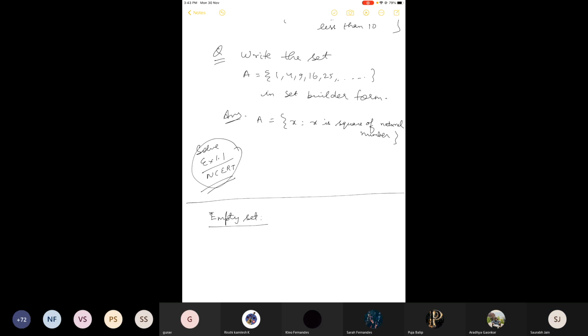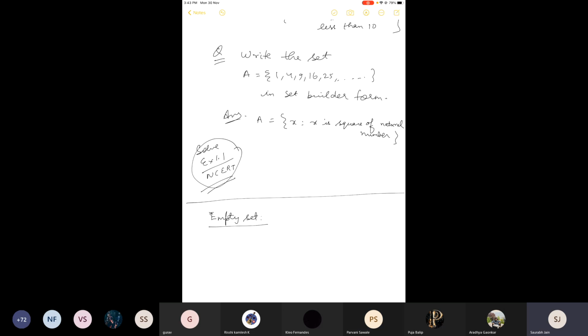Why so? Why can you not simply write x is square of integer? Why do you have to write square of positive integer? And positive integer and natural number are same. So what is the reason? Why not simply integer? Integers include 0. Yes, good. Because zero is absent.